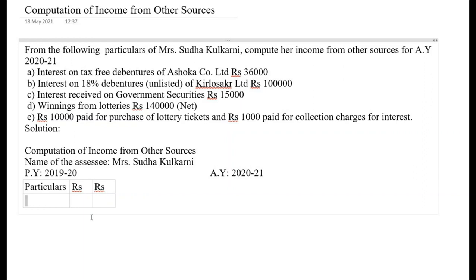Now let's start the first item. Interest on tax-free debentures of Ashoka Company Limited.